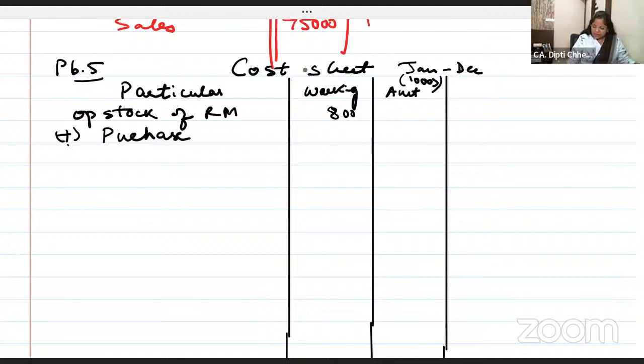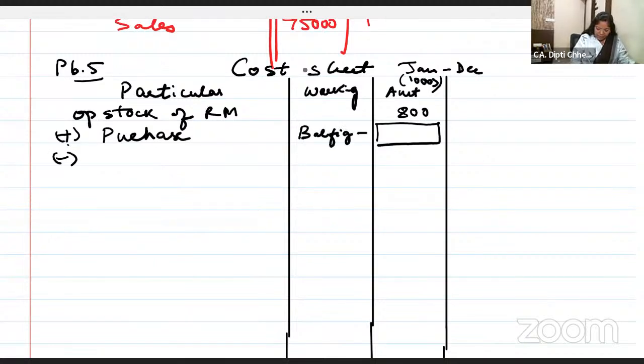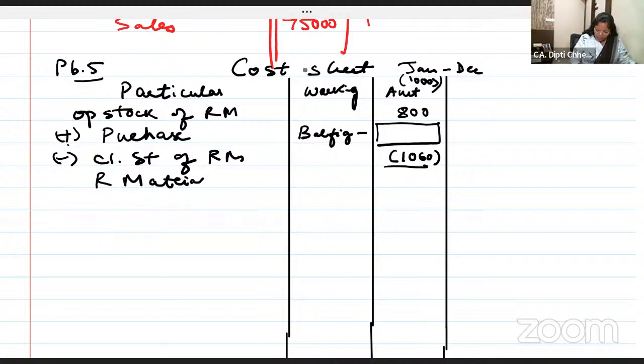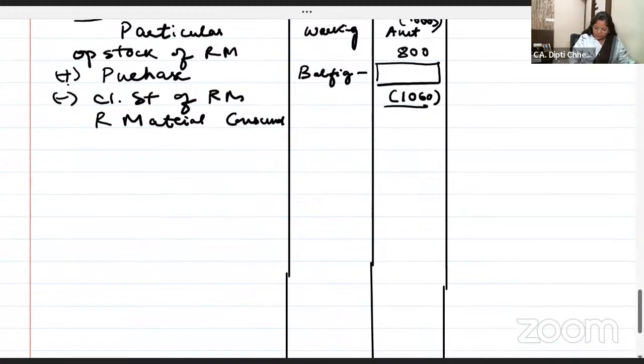Purchases is going to be, oh, why did I write in working? I'll write in the main amount column. And purchase is going to be the balancing figure, minus the closing stock of raw material. Now, which is exactly the same as the last problem. Can we go a little fast? So you will get the raw material consumed.